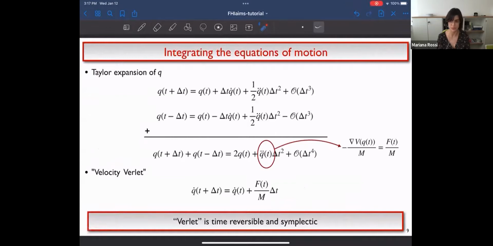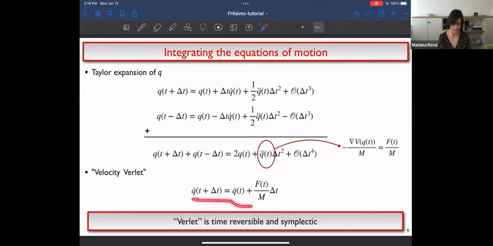So they produce the same type of dynamics, but normally, because of other advantages, mainly not having this t minus delta t, you actually do a velocity Verlet, which is based on such Taylor expansions of the velocity.